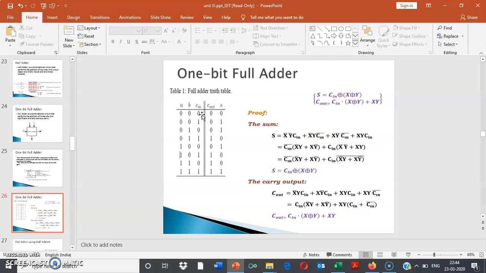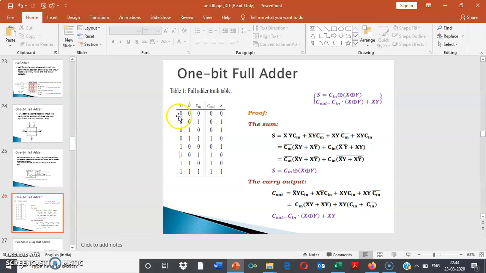You can easily write down this table if you just see the sequence. The last column has 0, 1, 0, 1, 0, 1, 0, 1. The second column has 0 0, 1 1, 0 0, 1 1, while the first column has four 0s and four 1s. So this way you can have the different combinations of input.